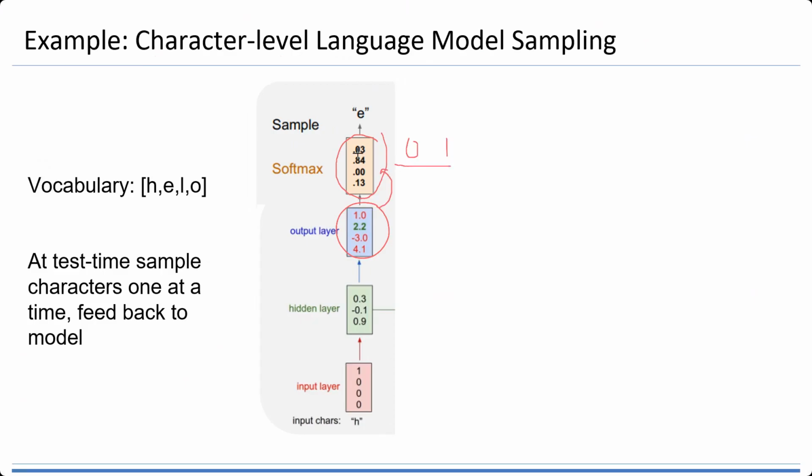Based on this result, let's say the highest one is 0.84, and the second factor represents the character E. The target is E, so it is correct, or the classification is good. So we can do the other step.